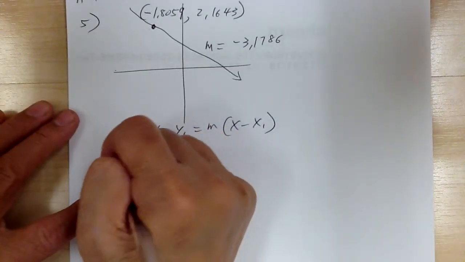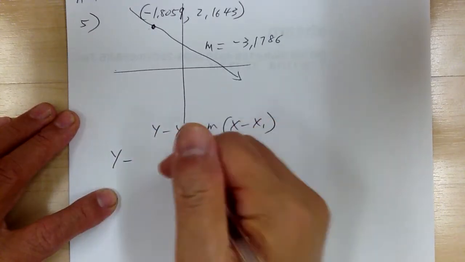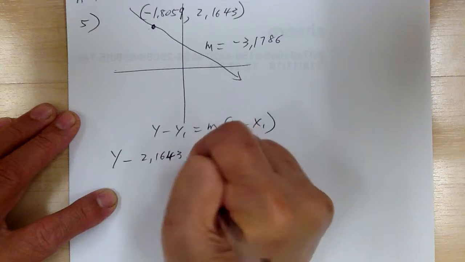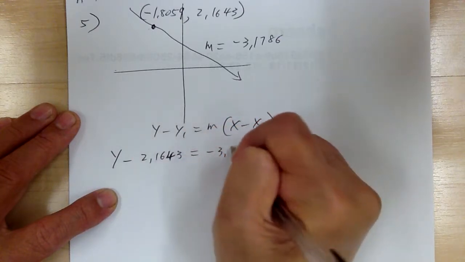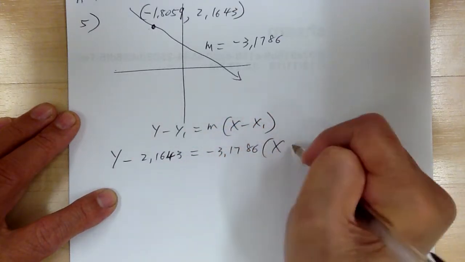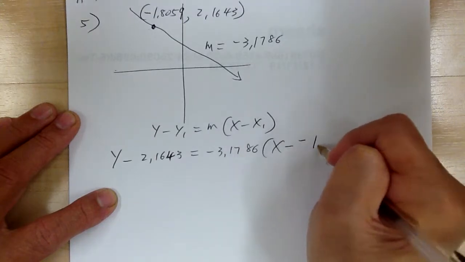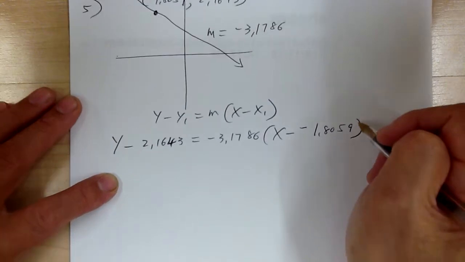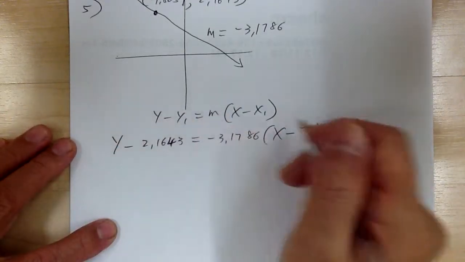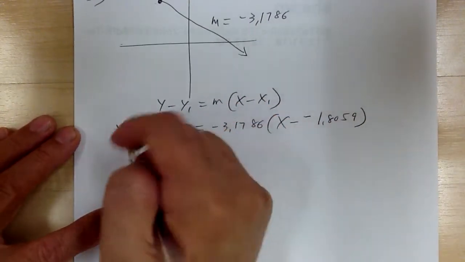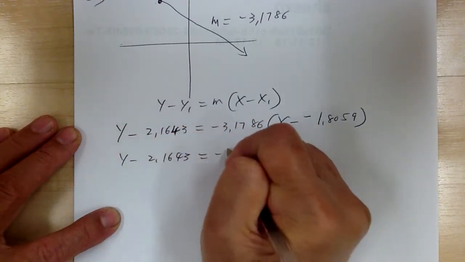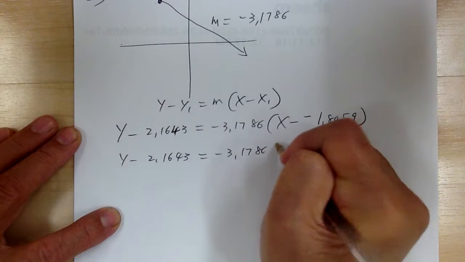Substitute all the information in. So y minus y1, okay, go and multiply out, work it out. So you get y minus 2.1643 equal to negative 3.1786x.